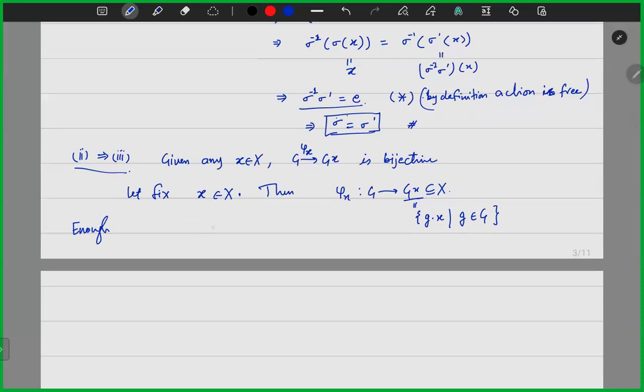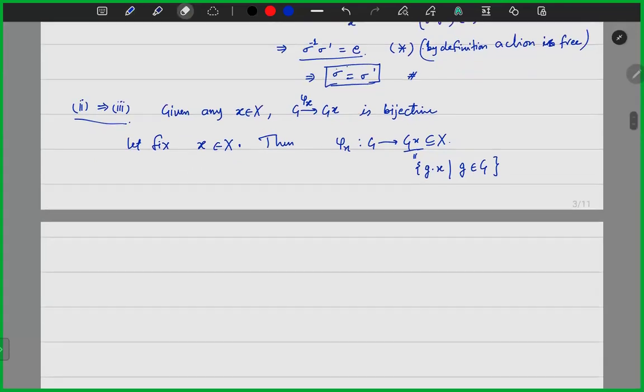How will you see this? Let's say phi x of g. Let me prove this again. Injective: phi x of g is equal to phi x of g prime.